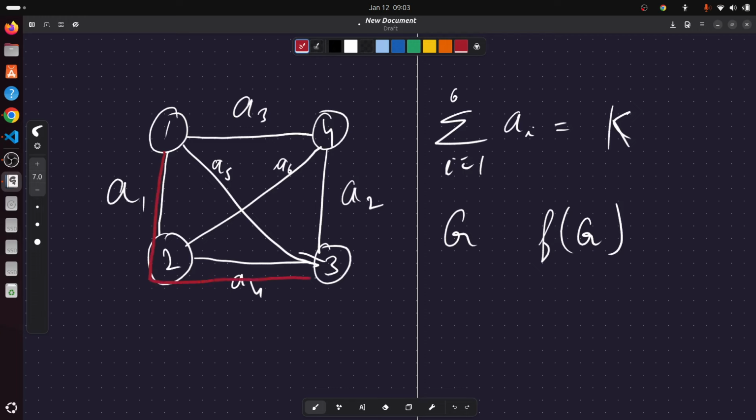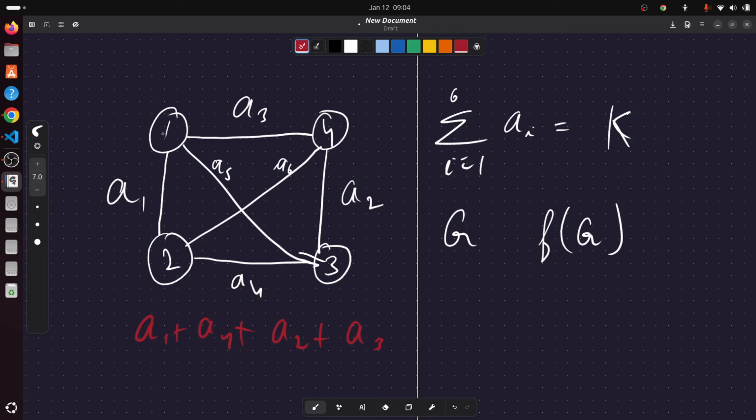Let's say we can have this cycle which passes through 1, 2, 3 and 4 like this, or we can have the clockwise cycle, but that doesn't matter because the sum of edge weights is the same. In both cases the sum of edge weights is a1 plus a4 plus a2 plus a3, right? So this is one possibility.